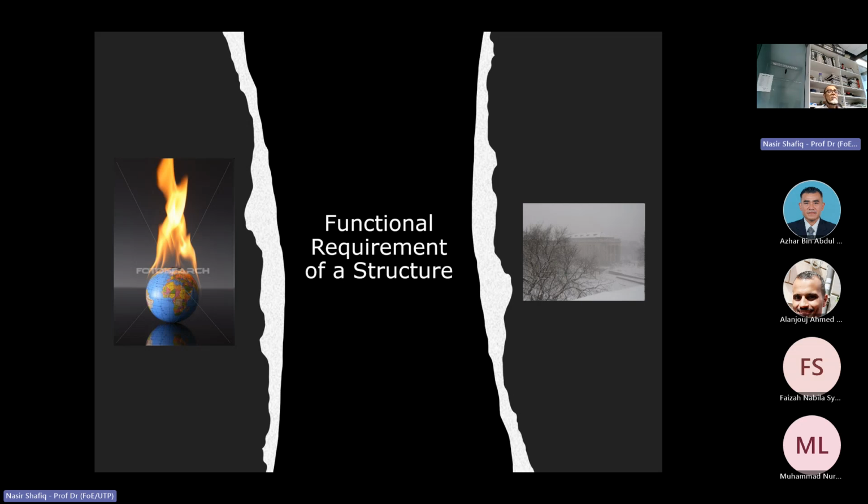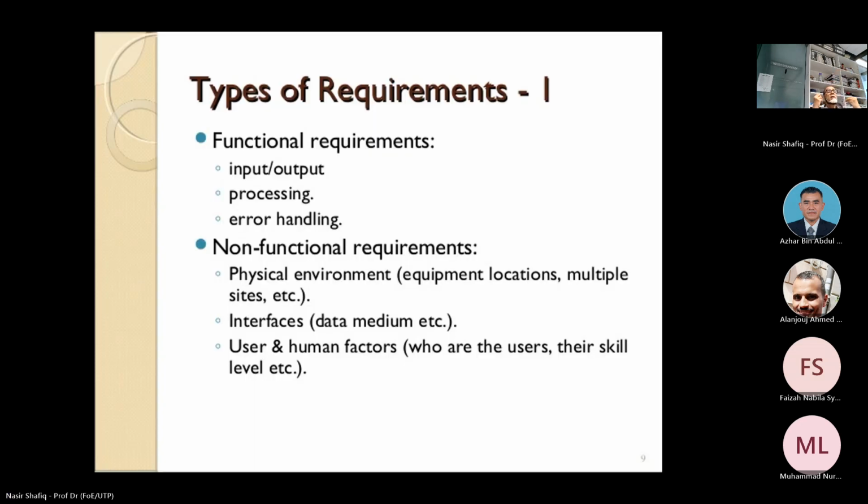So for the external, we have to design the asset, equipment, bridge, building, or plant structure so that it is subjected to the expected environmental condition, right? And there are also the internal defects, right? So the type of requirement: functional requirement, what is the input and output internally.